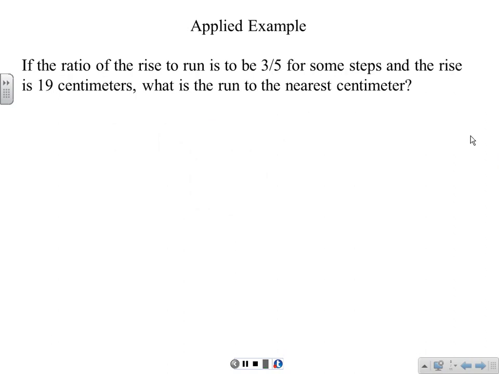So let's try again. If the ratio of the rise to run is to be 3 to 5 for some steps, and the rise is 19 centimeters, what is the run to the nearest centimeter? So we'll cross multiply. 3 times x is going to be 3x, and 5 times 19 is going to be 95.